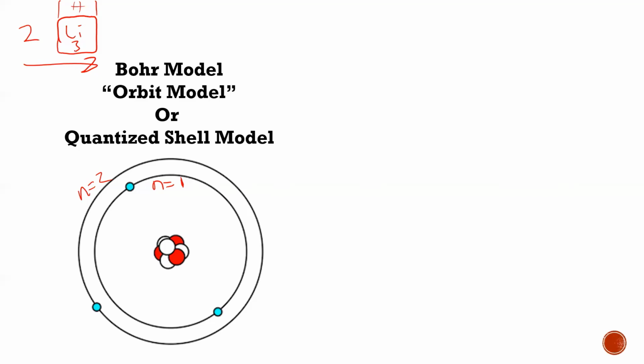The first 2 electrons go in that first shell, that first orbit. The third electron can't fit in that orbit, so it goes in the second energy level. It's in group 1A, the alkali metals, and the alkali metals all have 1 valence electron. That's what they have in common. So that's what the Bohr model does for us.